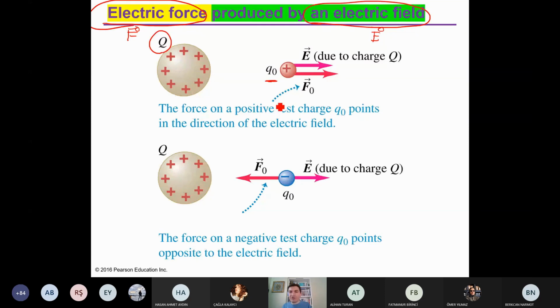And due to the charge capital Q, we have an electric field. It is along the positive X, let's say. And then this force is also along the positive X. And this electric force, due to the electric field, is given with this expression.